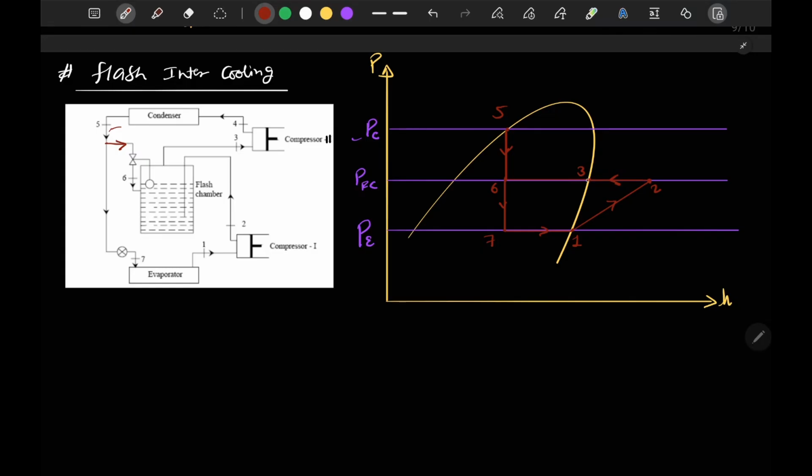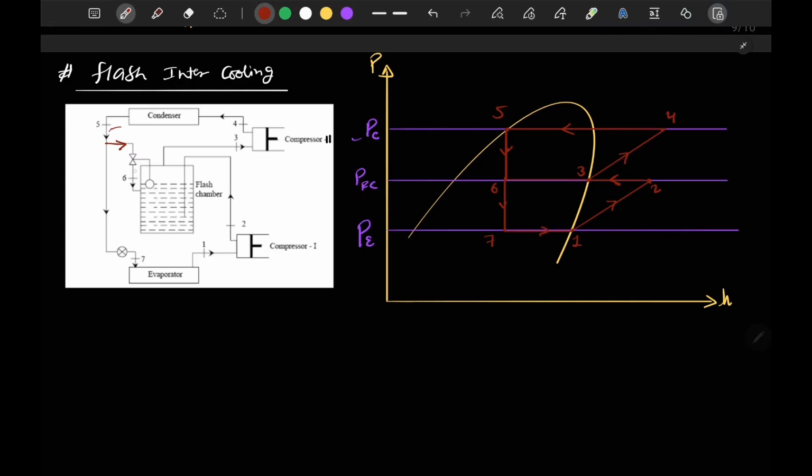Now after point 3 it is compressed again until it reaches pressure point 4, state 4. Now from 4 to 5 it is processed in the condenser. Now we can see that it is basically divided into 2 cycles here.